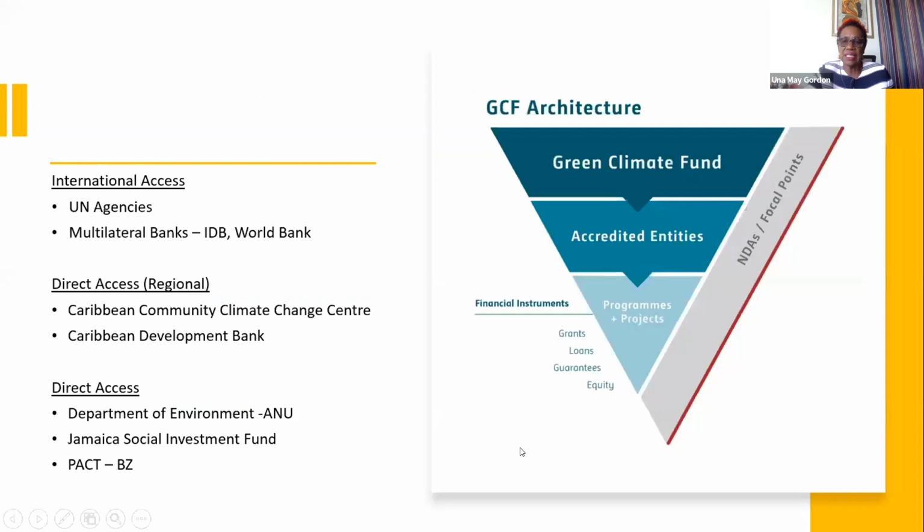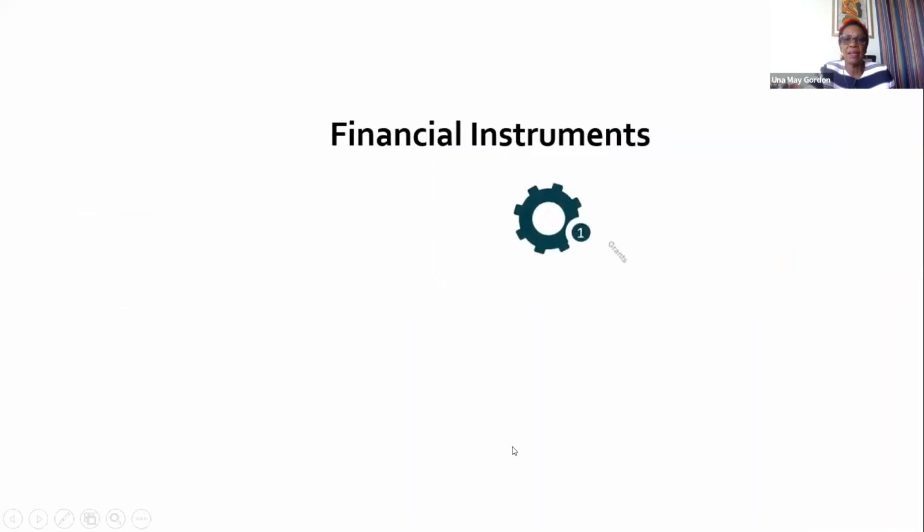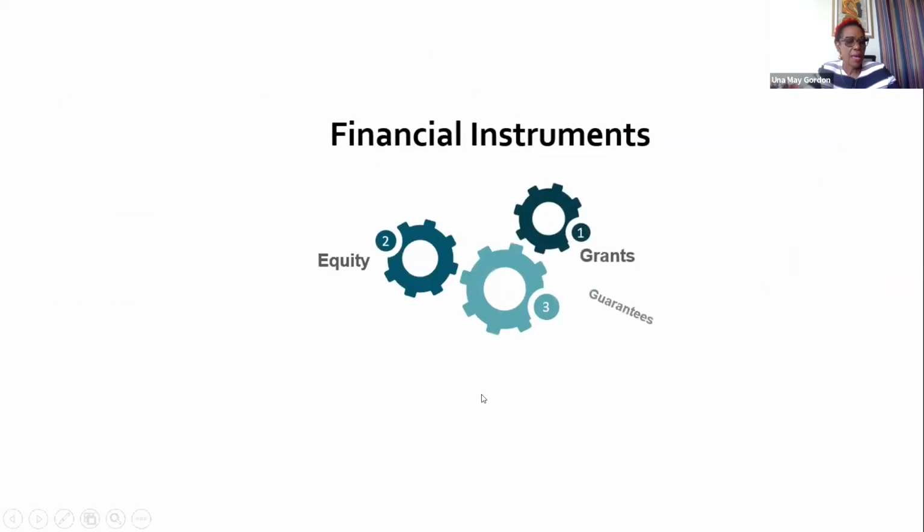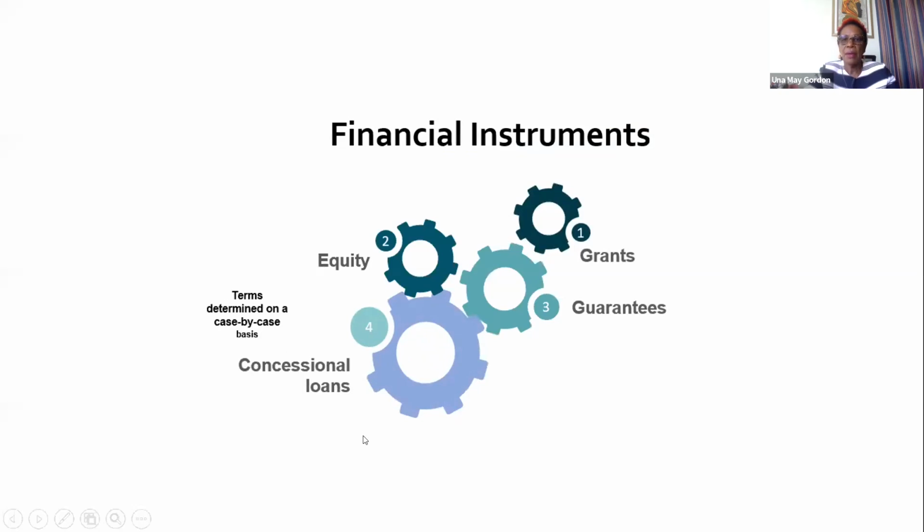How then does the GCF operate? This is the architecture. The GCF operates really through accredited entities, and the IDB is there, the CDB is there, the 5 C's are there. What is this accredited entity?